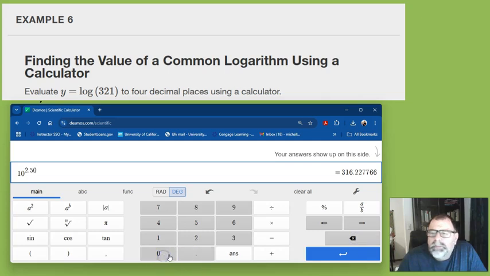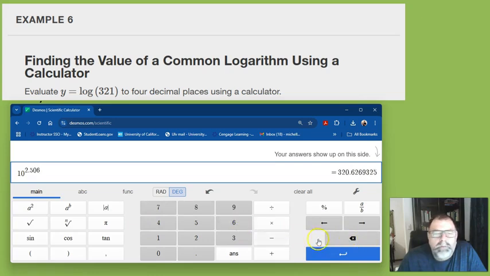So 2.505, too small. Too small. Too small, so I have to go out another place. Too big. Oh no, wait, 9 was too big. So 8. 1, too big.